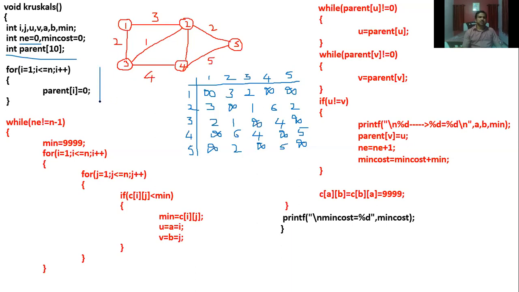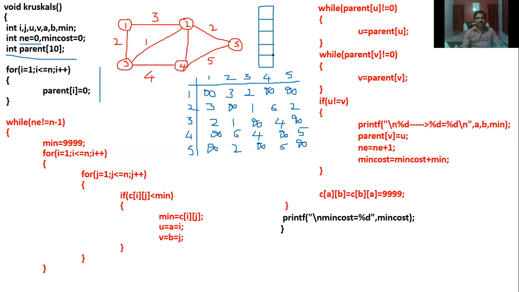Here, I'm supposed to consider a single dimensional array called parent, where this parent is initialized to the value 0 initially. Why? Because the condition for a spanning tree is that there should not be any cycle formation and all the vertices should be visited once.